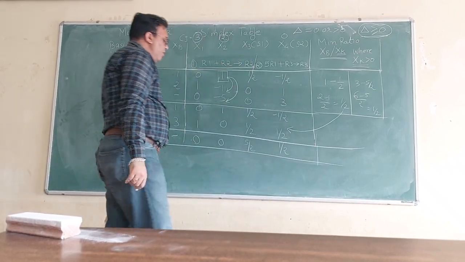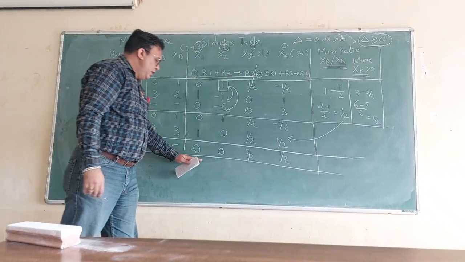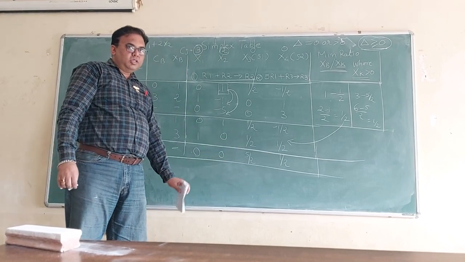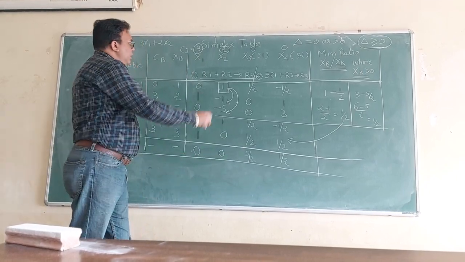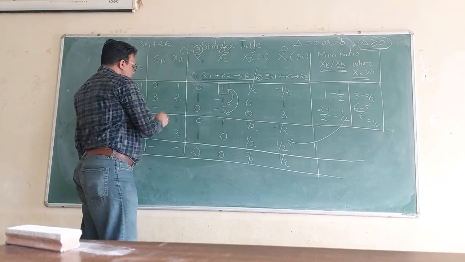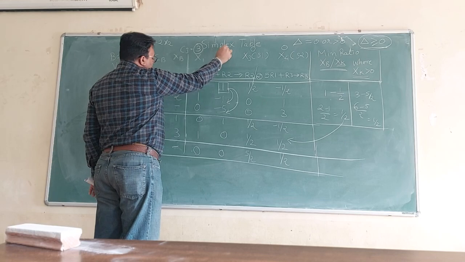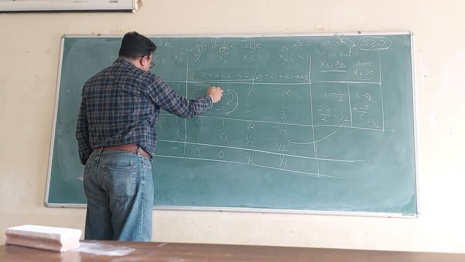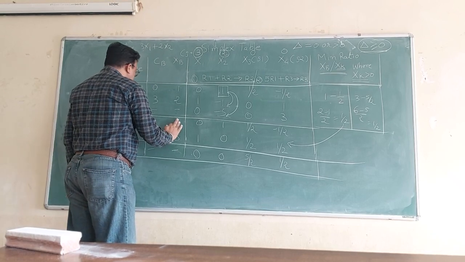Now focus on the delta values. All the delta values are 0 or greater than 0. But before that, this second value that we have to put in the second one, where should it be put?